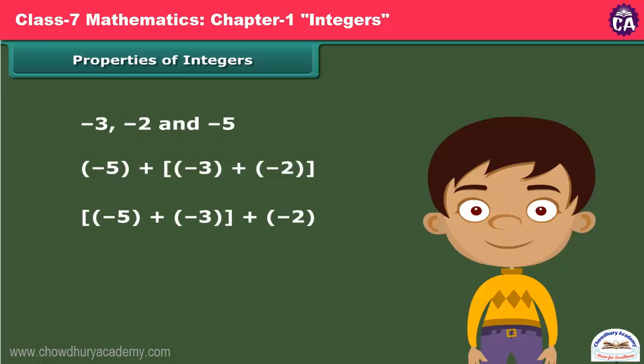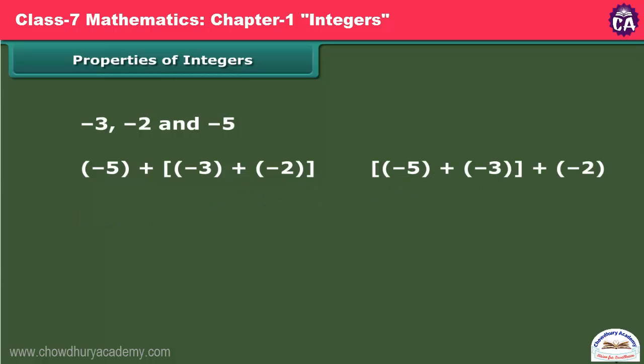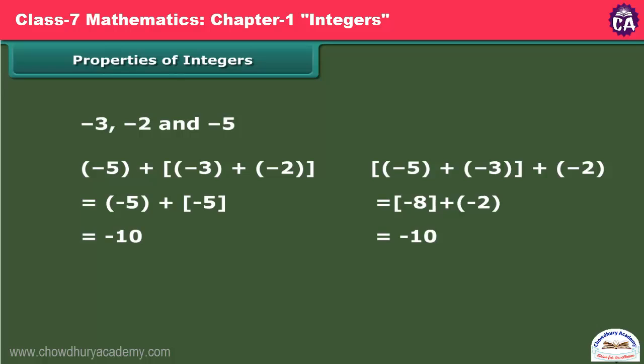In the first sum, -3 and -2 are grouped together, and in the second, -5 and -3 are grouped together. In both these cases, we get the answer as -10. This shows that addition is associative for integers.